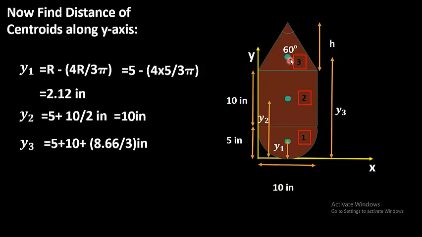The centroid of a triangle lies at a height h divided by 3 from the base of the triangle. So the height is 8.66, and divided by 3 is the location of the centroid of the triangle. By summing up all these three values, we will get 17.88 inches. So we have found all the values of y1, y2 and y3.